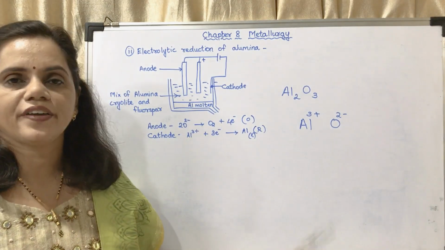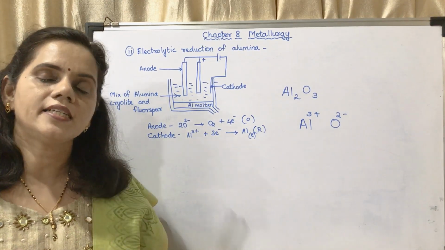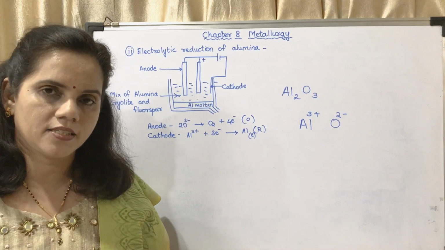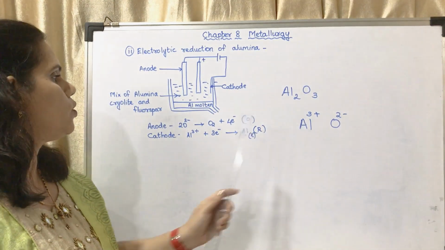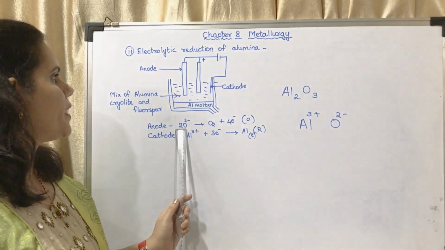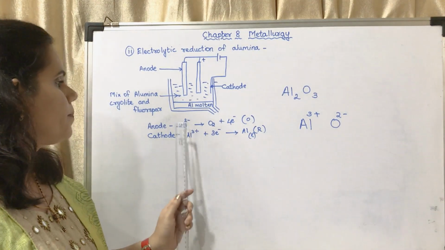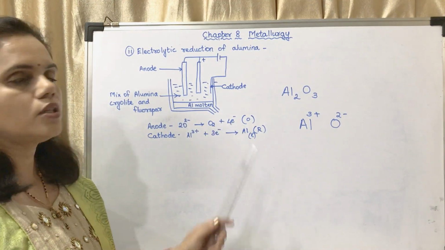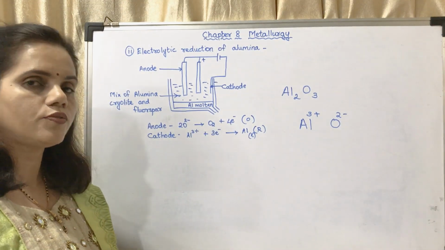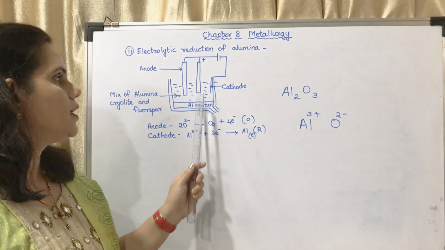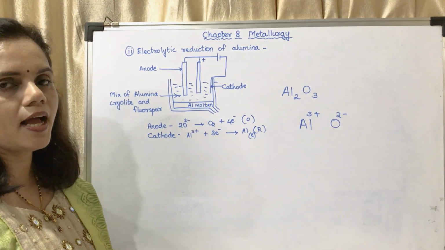So the valency of Al is 3 plus and the valency of O is 2 minus. They will get separated when you pass electricity through it. What will happen to this O2-? Those O2- ions will move towards the anode, and each will lose 4 electrons to form O2. This O2 will be formed at the anode.